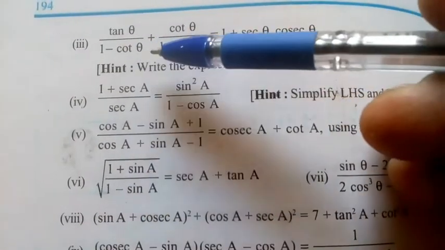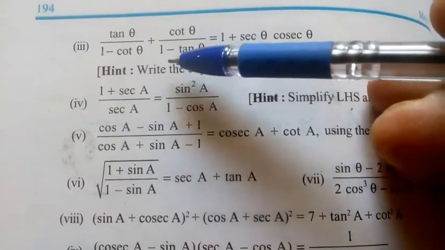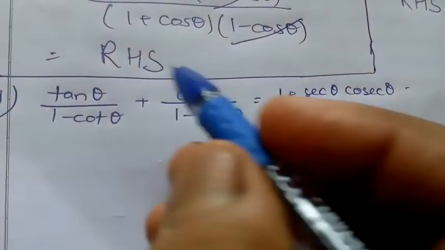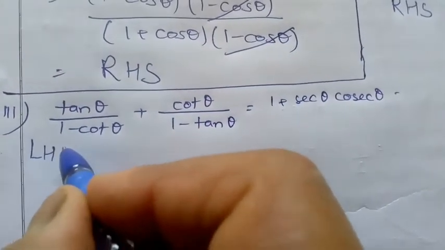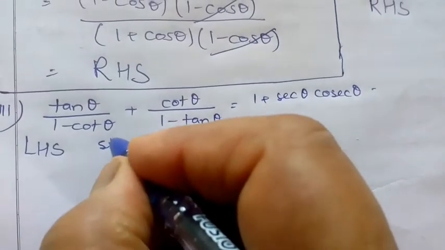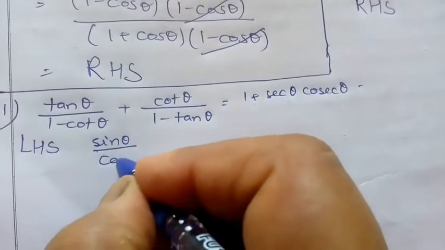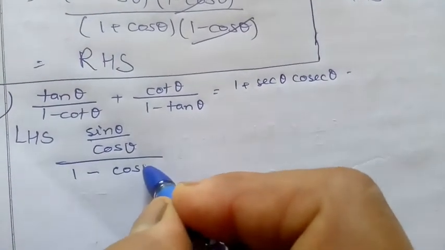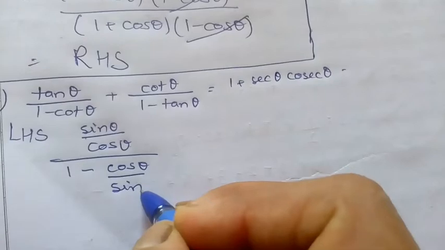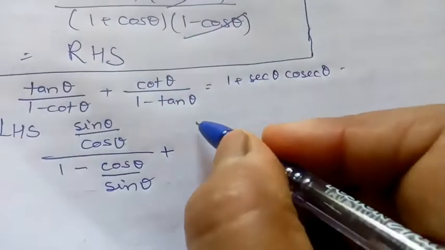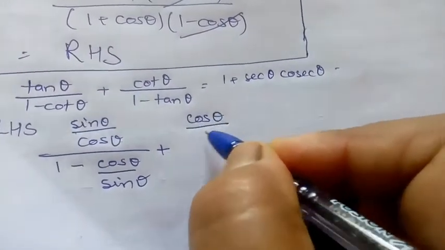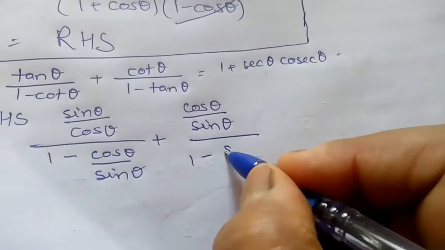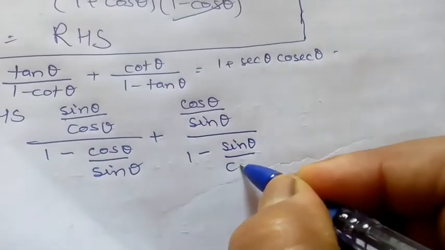Question number 3. tan theta upon 1 minus cot theta plus cot theta upon 1 minus tan theta equal to 1 plus sec theta cosec theta. Taking LHS. Tan theta equal to sin theta by cos theta, and 1 minus cos theta upon sin theta. Similarly, cot theta is cos theta upon sin theta, upon 1 minus sin theta upon cos theta.